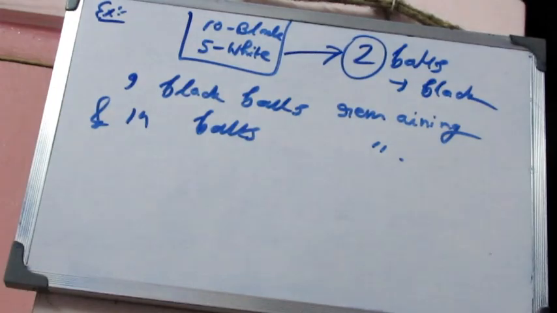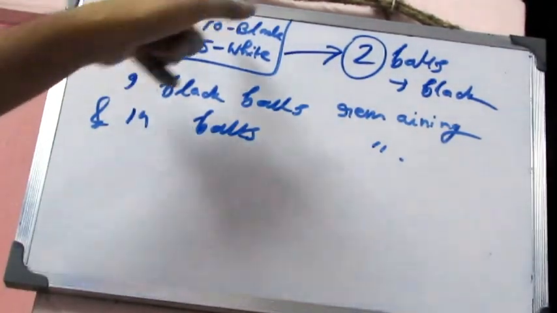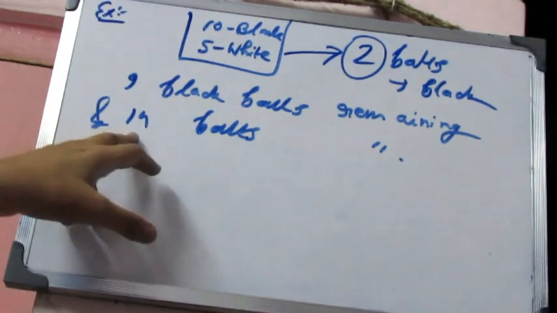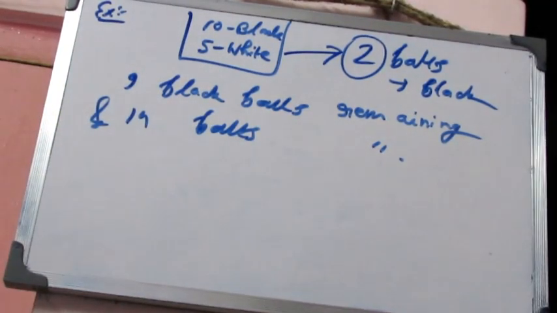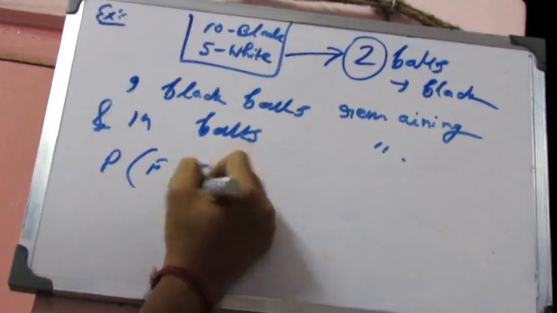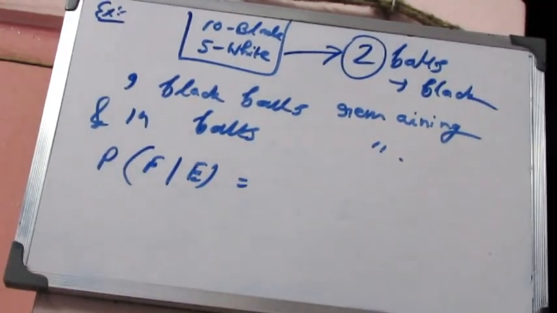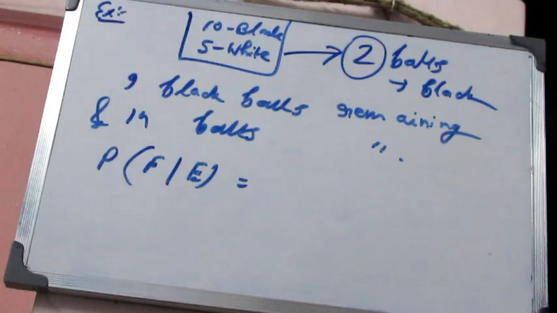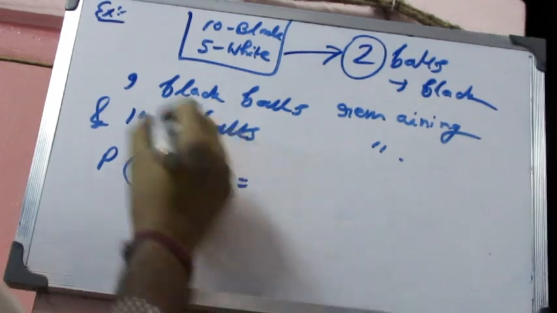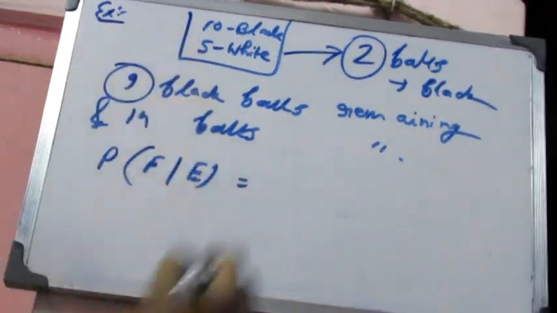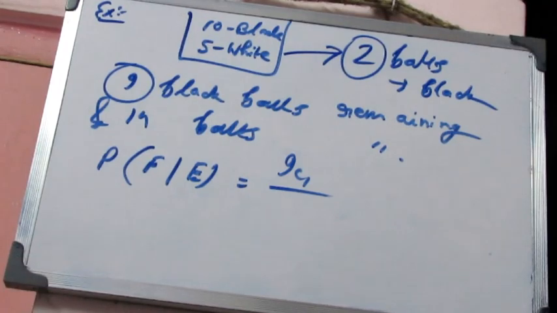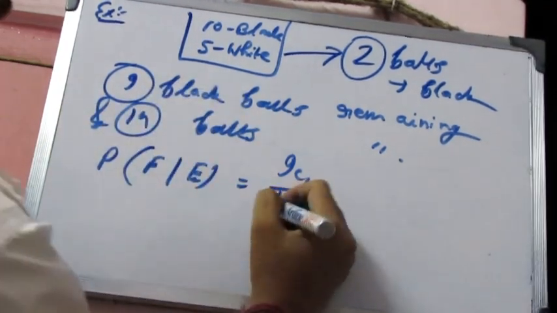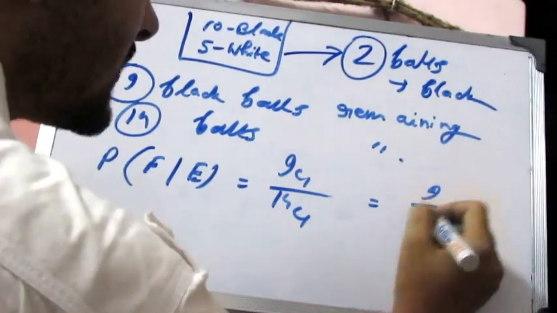So P of F condition that E means the second ball drawn is a black ball, condition that the first ball drawn was a black ball. So we have to choose a black ball from 9 black balls, so it will be 9 C1 divided by 14 C1. So simply it will be 9 by 14.